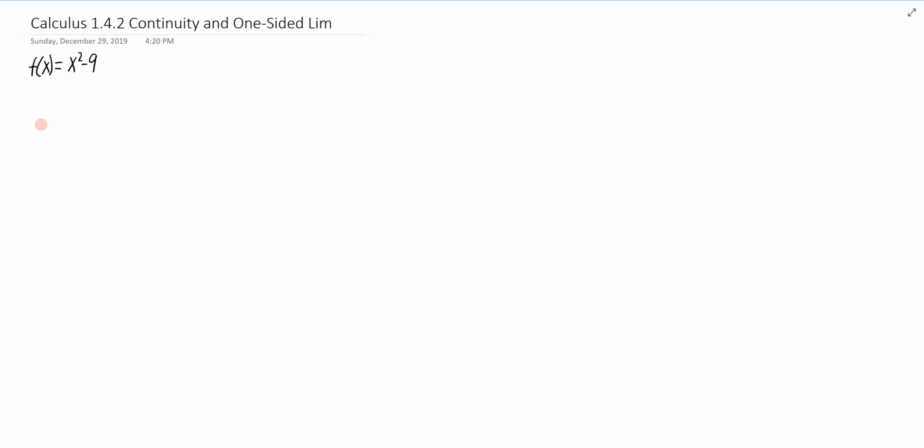So with this one, it's pretty simple, and all that we have to say is, well, it's a parabola, so it will be continuous from negative infinity to positive infinity. So a parabola that will be continuous for all values of x.